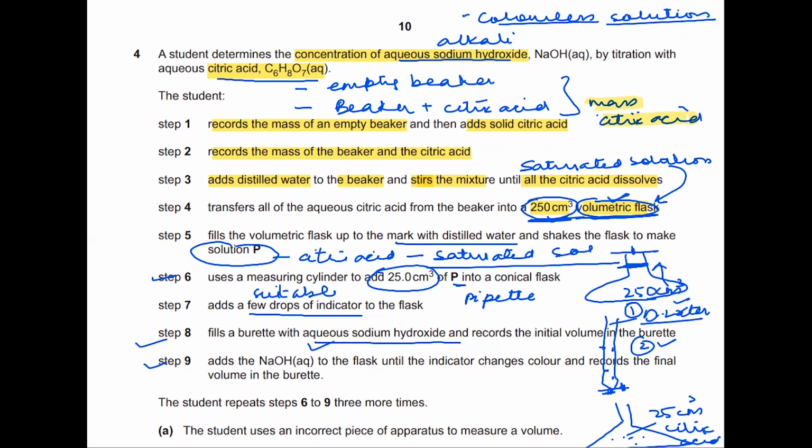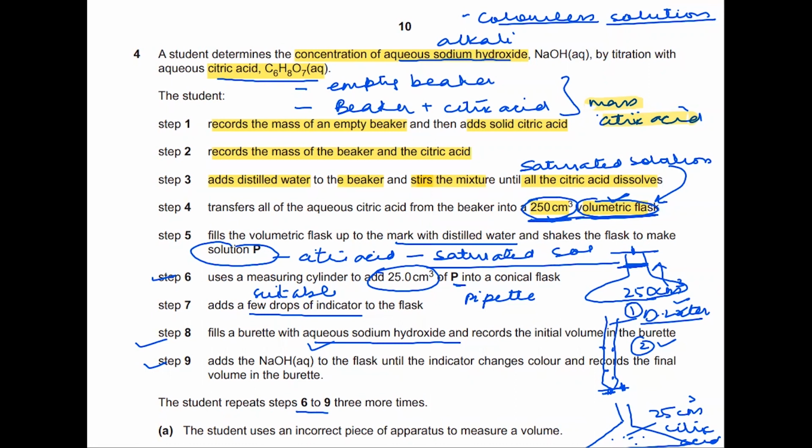Make sure that the drops don't fall outside the conical flask or on the walls of the conical flask. Again, we can't waste the chemical, otherwise the calculations will be affected. So it should fall directly into the chemical, and you keep on swirling the conical flask so that both the chemicals mix thoroughly. Then the student repeats steps 6 and 9 three more times.